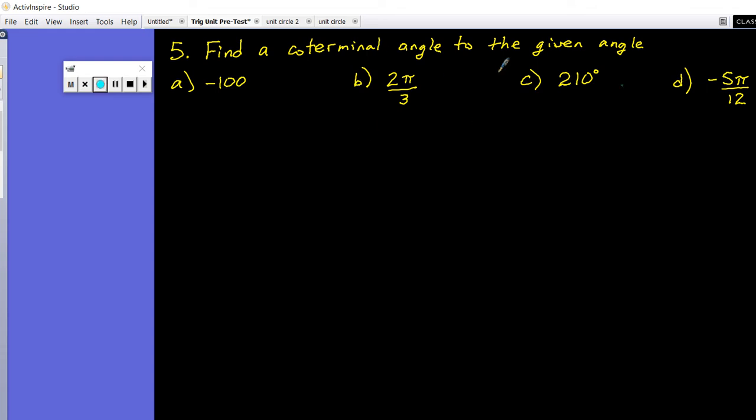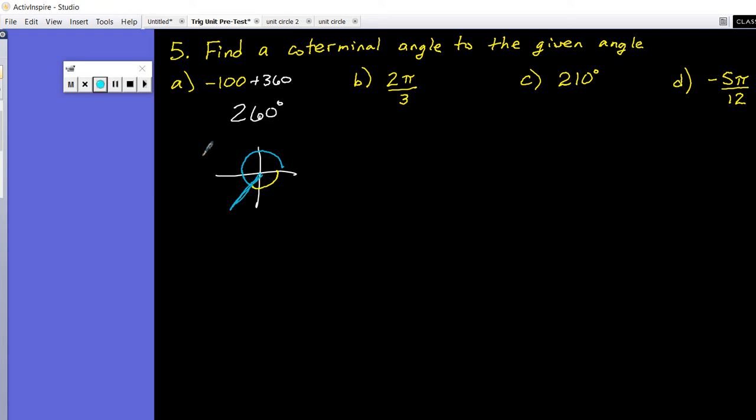Number 5, find the coterminal angle. So the easiest way to find the coterminal angle is add 360 to the negative number. So negative 100 plus 360 is 260 degrees. What that means, here's your picture. Negative 100 is right here. If I go positive 260, there's 180, and 80 more makes 260, I get a complete circle.